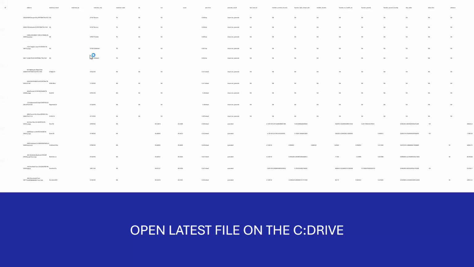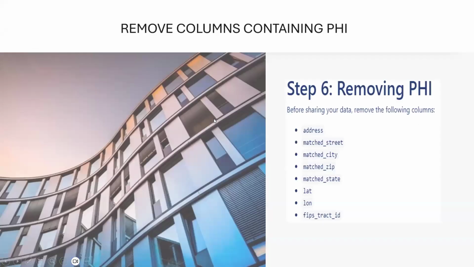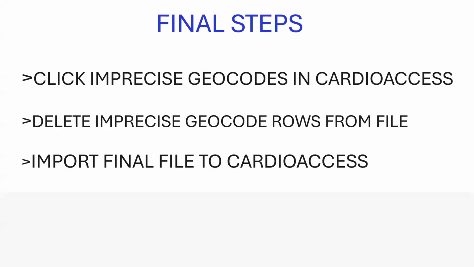Then I will get a CSV file on the C drive, and then I will take all of the PHI off of the file, which is the first 8 or so columns.